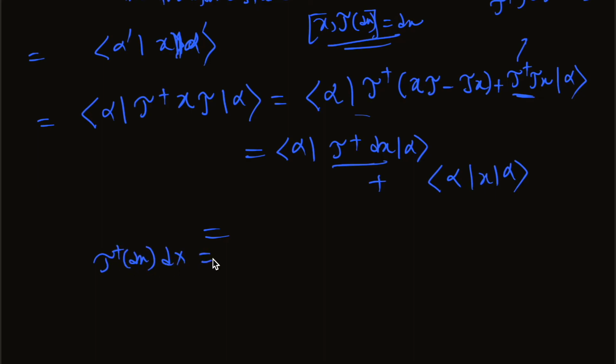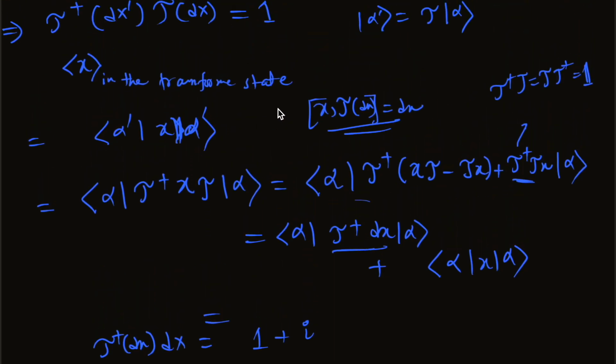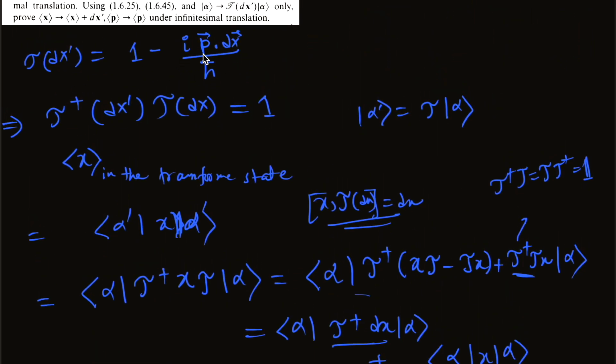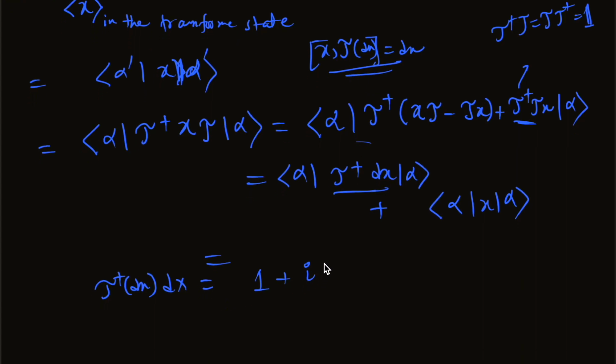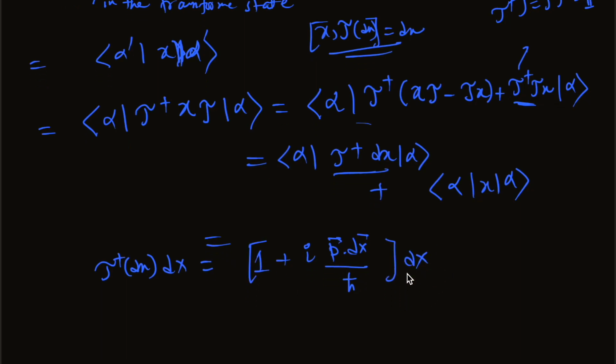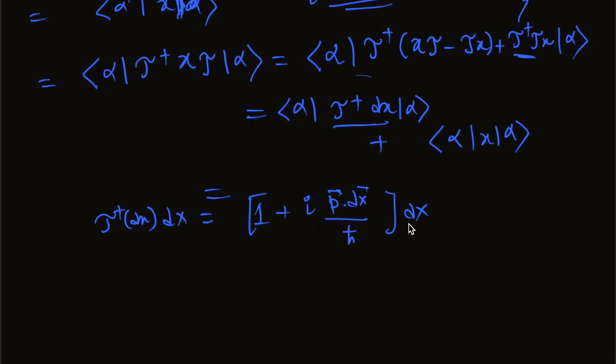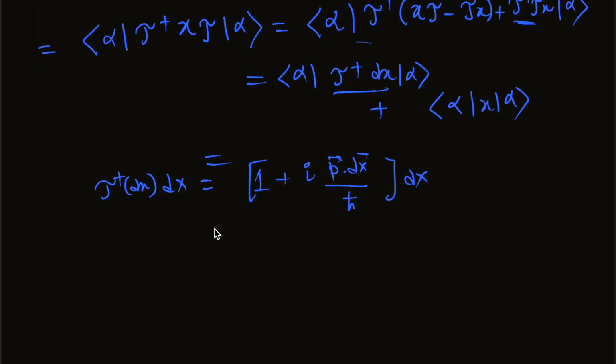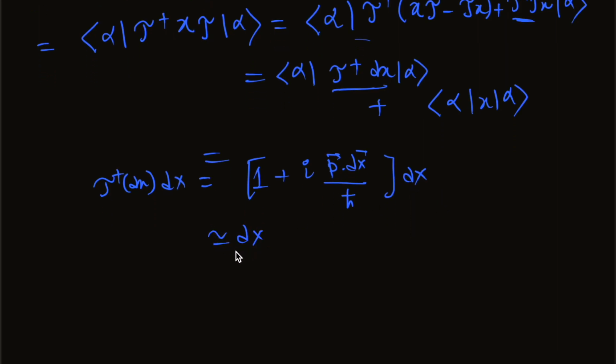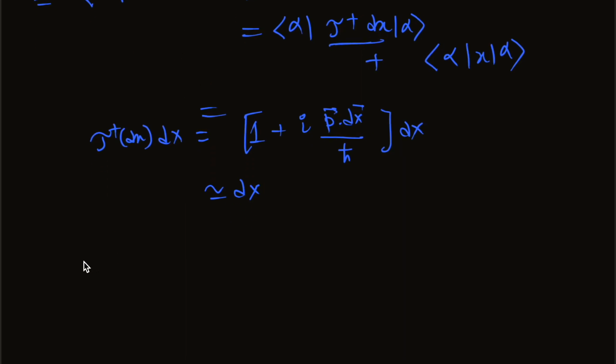If tau dx equal to 1 minus I p dot dx by h cut, then tau dagger will be 1 plus I p dot dx by h cut, times dx. And since dx is very small, if we only take the first order term, then it will be dx.